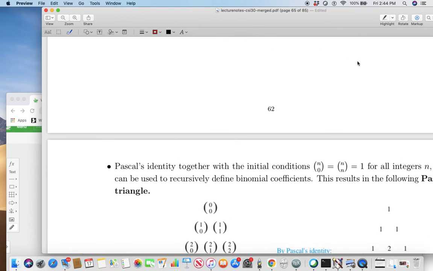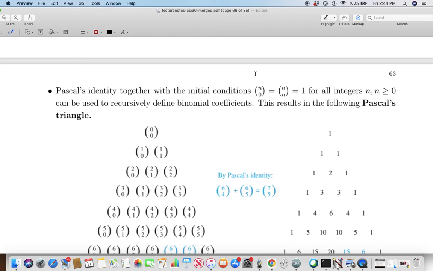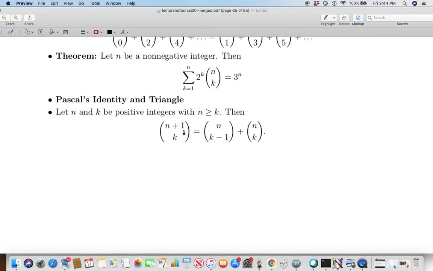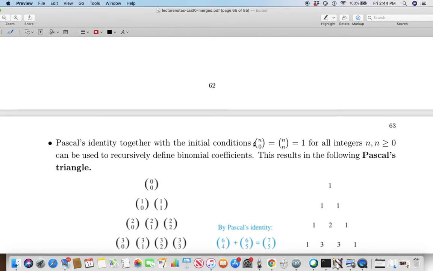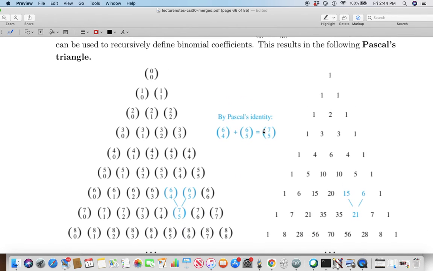Okay. This Pascal's identity is very important. Notice n plus 1 choose k is n choose k minus 1 plus n choose k. So this is Pascal's identity. Place 0 choose 0 here, that's 1. 1 choose 0 and 1 choose 1, that's here. 2 choose 0, 2 choose 1, 2 choose 2. What does that mean? Here are k's, here are n. So as I go down, n increases, and k increases left to right.